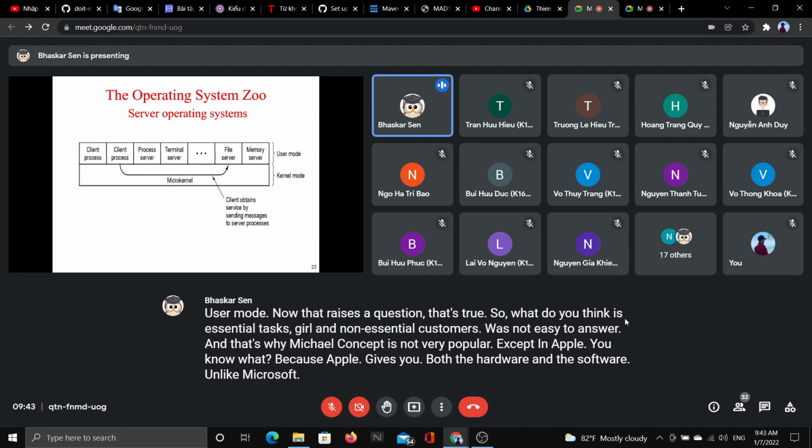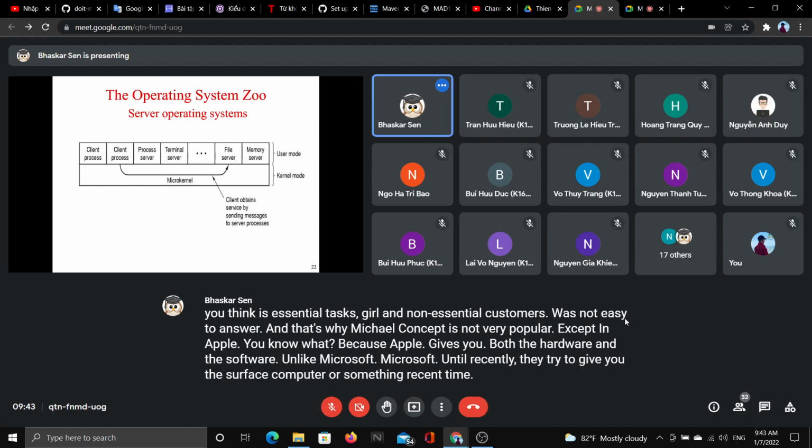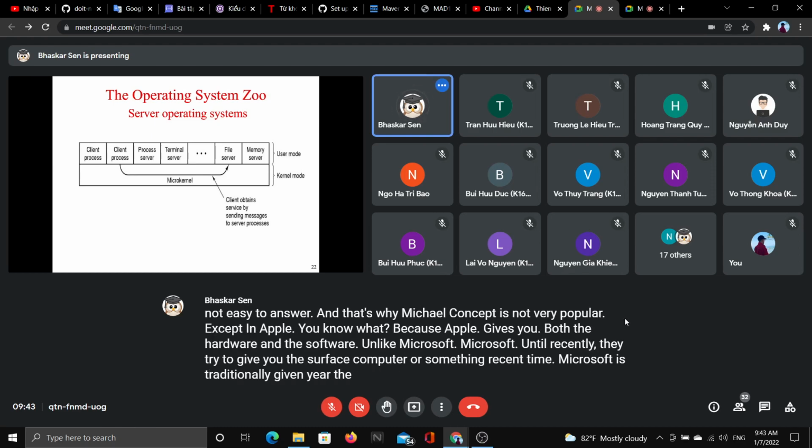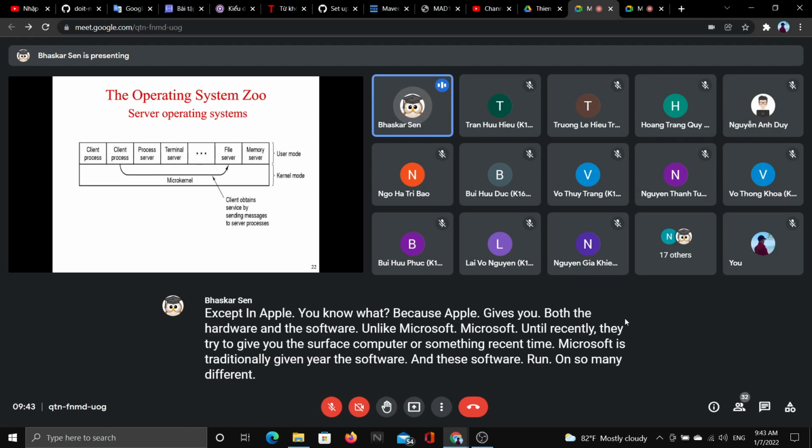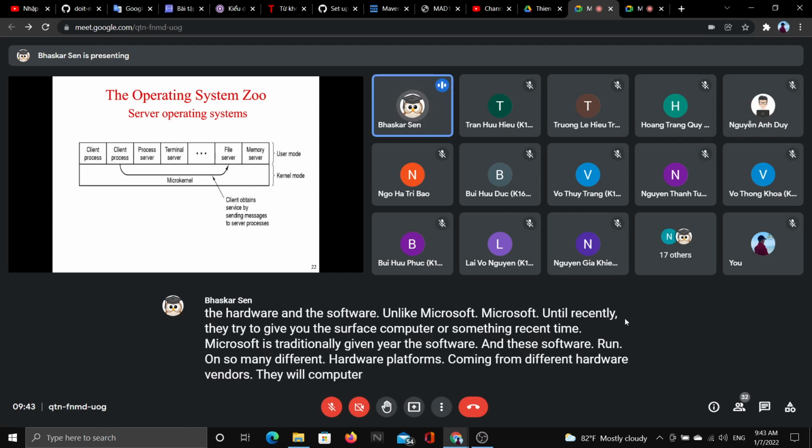Microsoft, until recently, tried to give you the Surface computer or something in recent times, but traditionally Microsoft has given you the software. And this software runs on so many different hardware platforms coming from different hardware vendors: Dell computer, Acer computer, Asus computer, you name it.